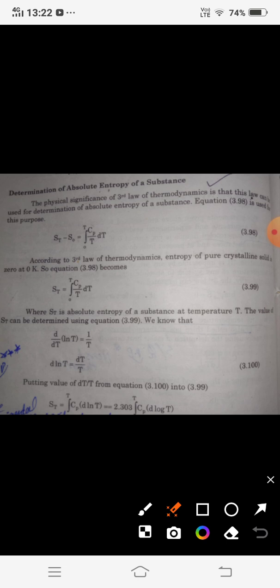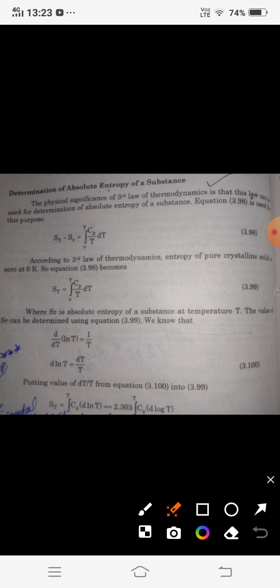And when we determine this by integration, we already know and have applied this law before, where we said that the differential of natural log T divided by differential T is equal to 1 over T. It means that this dT in the denominator can become the numerator on the right side, and the equation becomes this way.